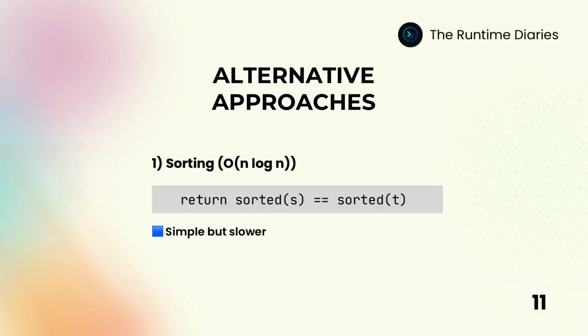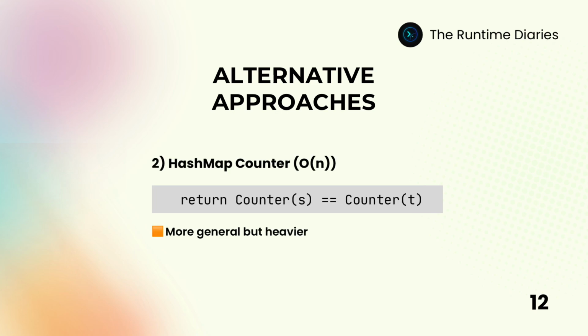There are a few other approaches that you may see. First, sorting. You can use sorted of S equals sorted of T. Very intuitive, but it's O of n log n time. Second, you can use a Counter from the collections module. You can use Counter of string S equals Counter of string T. It's still O of n time and very readable, but it uses a heavier data structure.